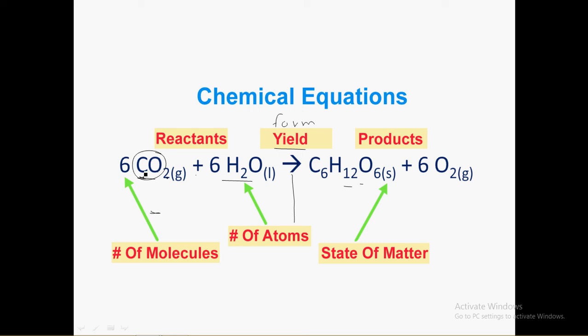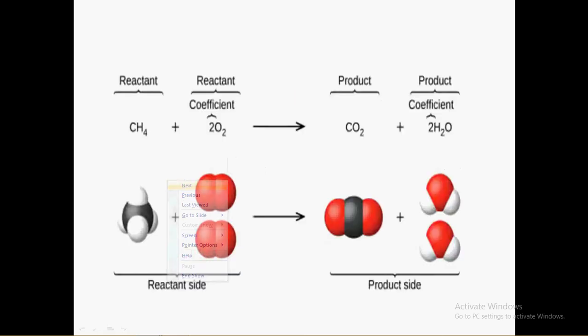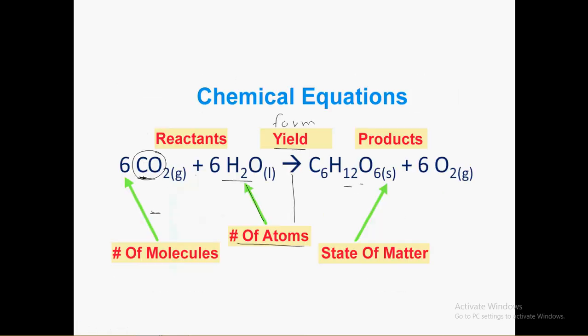And this 2 is called a subscript and tells us the number of atoms. How many hydrogen atoms are there? 2 hydrogen atoms. How many oxygen atoms are there? 2 oxygen atoms in carbon dioxide.